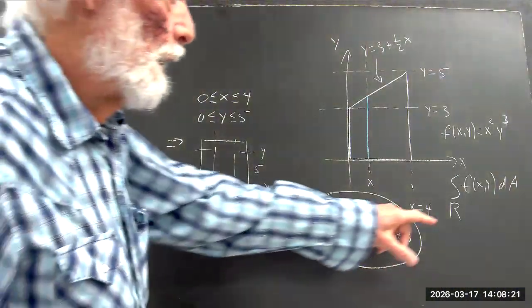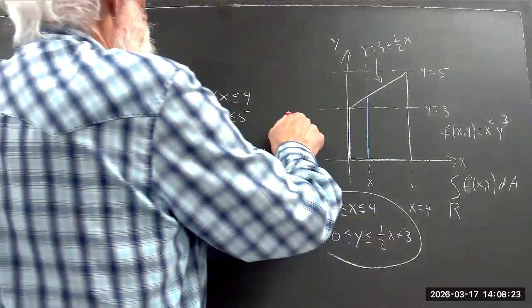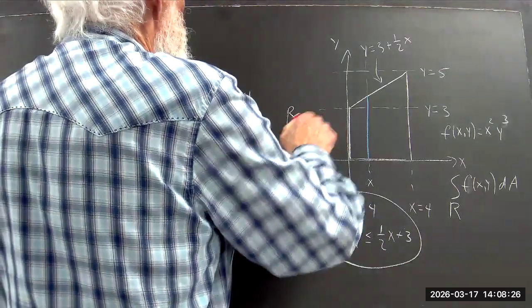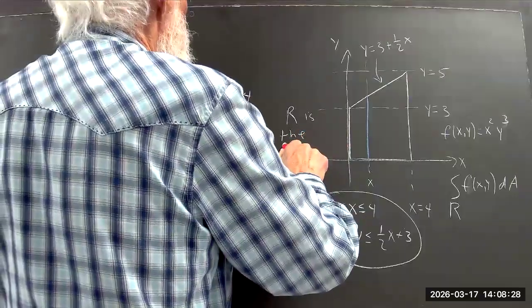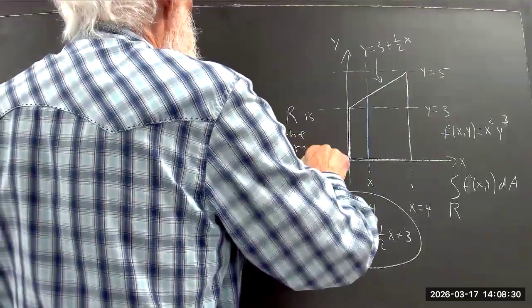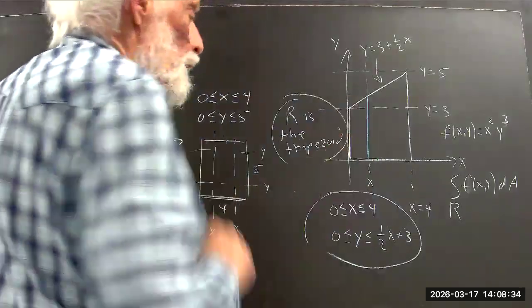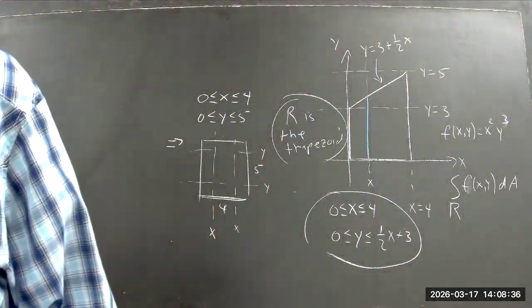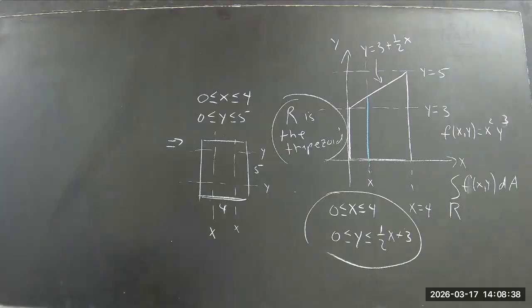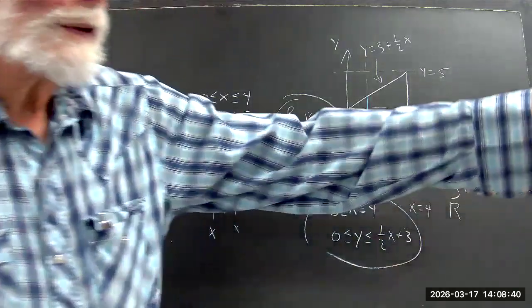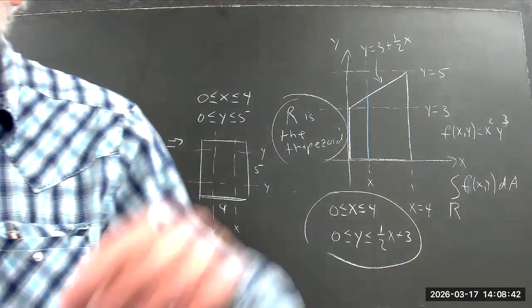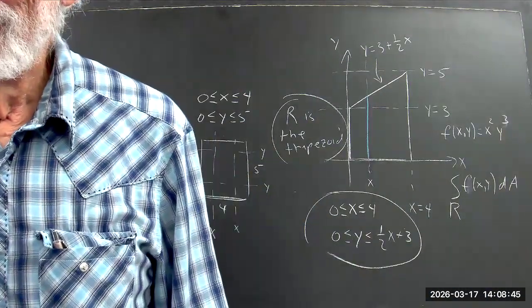R is the region, the trapezoid in the xy plane. Okay? We're integrating not with respect to x or with respect to y, but with respect to area.